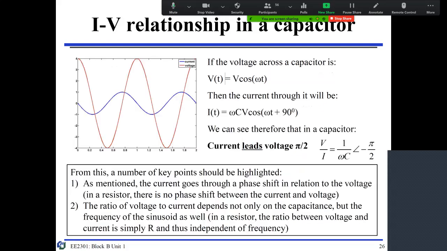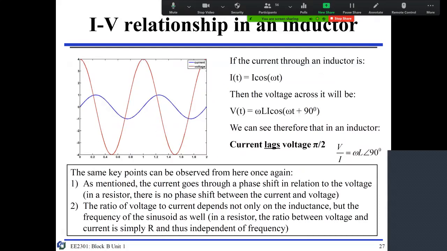So phase lead. And if you do an inductor, this is phase lag. Okay, same thing for the inductor: you have phase lag. Current will lag the voltage.